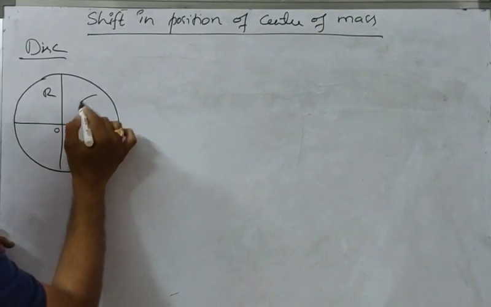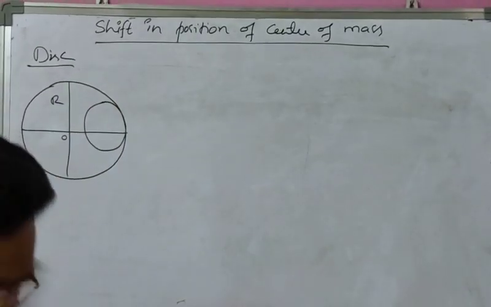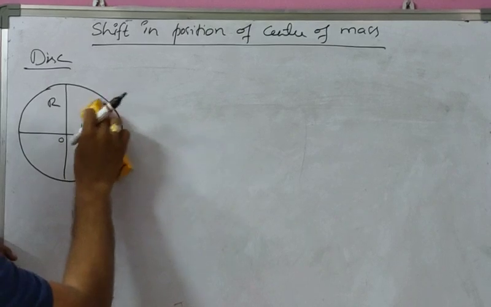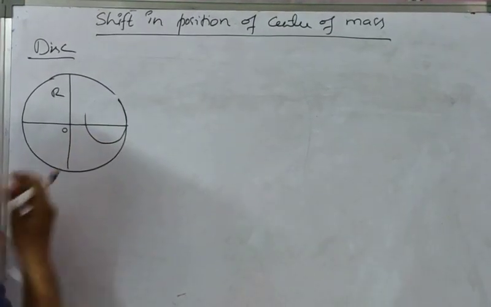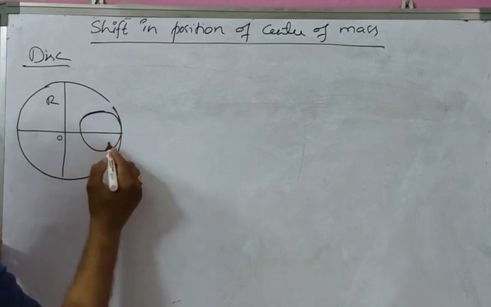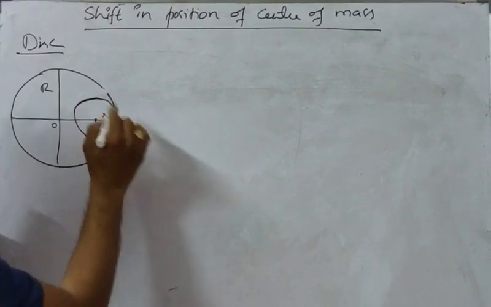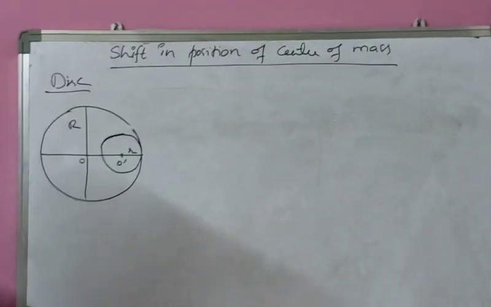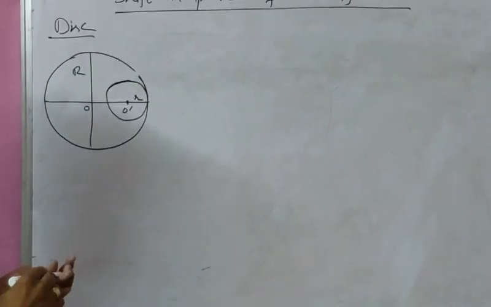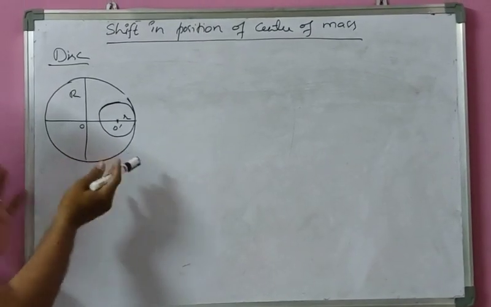From this, a sphere, let me draw properly, a sphere of radius small r whose center is O dash is removed from one end. Naturally, because this part is removed, the center of mass of the remaining part will go to the left side.